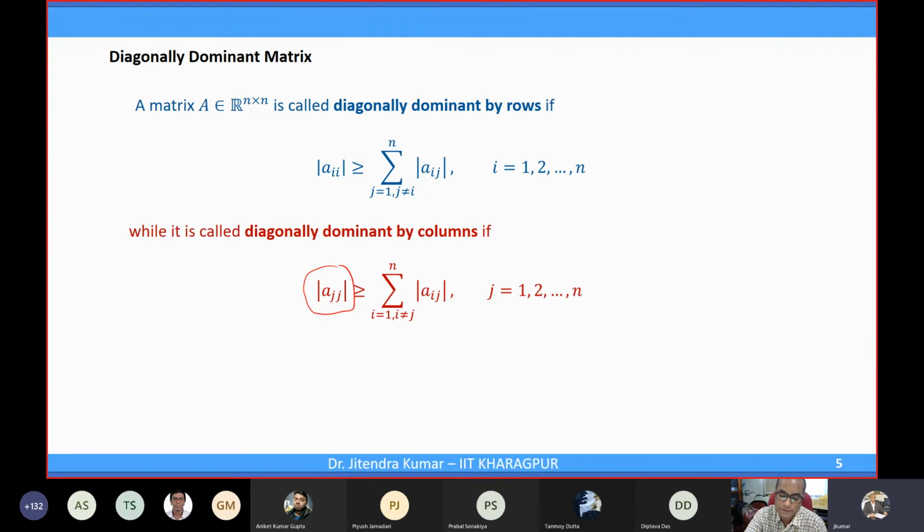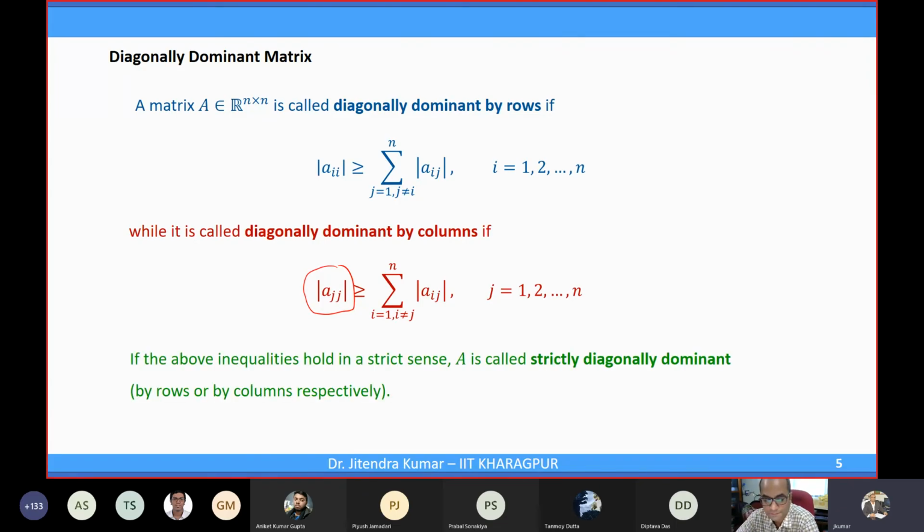That diagonal entry is bigger than the sum of all other entries of the column in absolute value. Then you call the matrix diagonally dominant by columns. The names themselves you don't have to remember much.